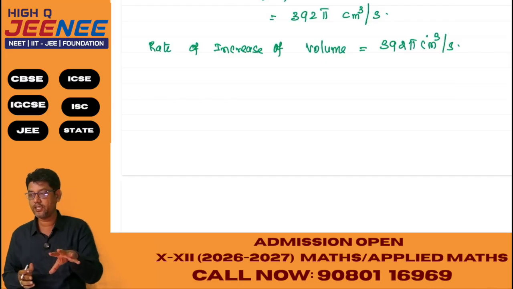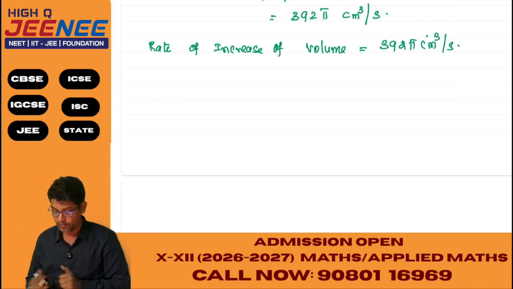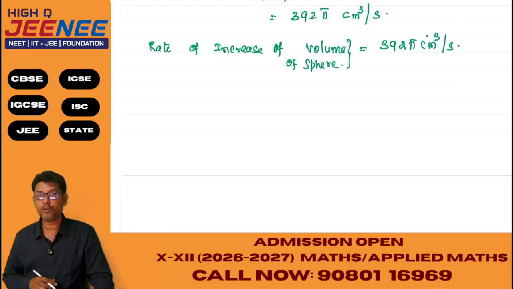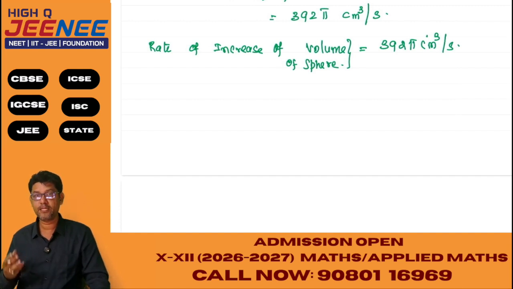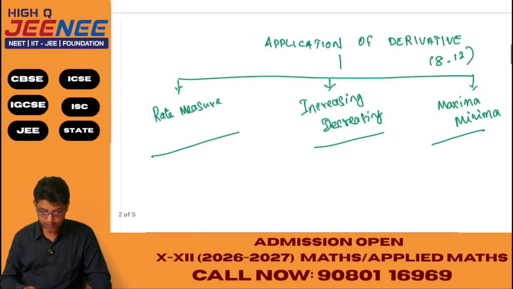So rate of change is nothing but rate of increase. Rate of increase of volume of sphere is equal to 392 pi centimeter cube per second. I hope you understood this, my dear. Okay, fine. Let us go to the next sum.